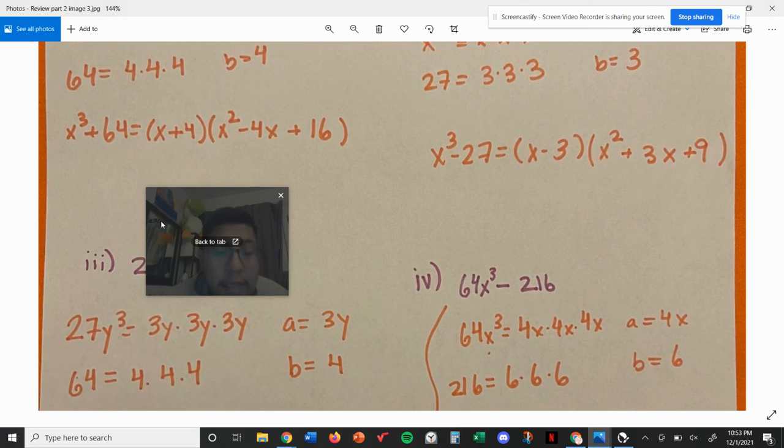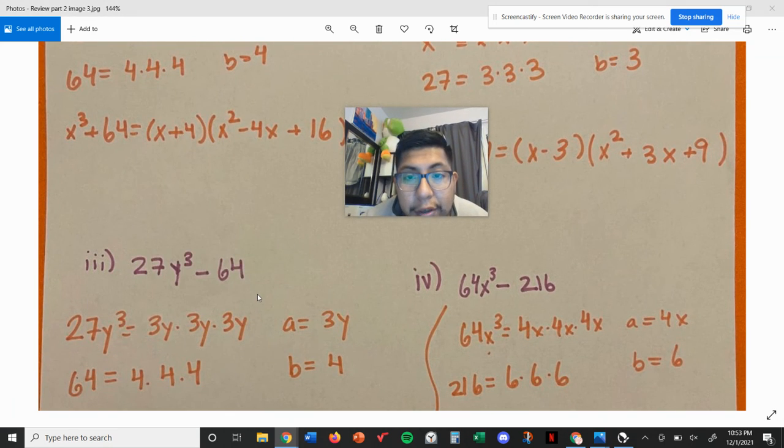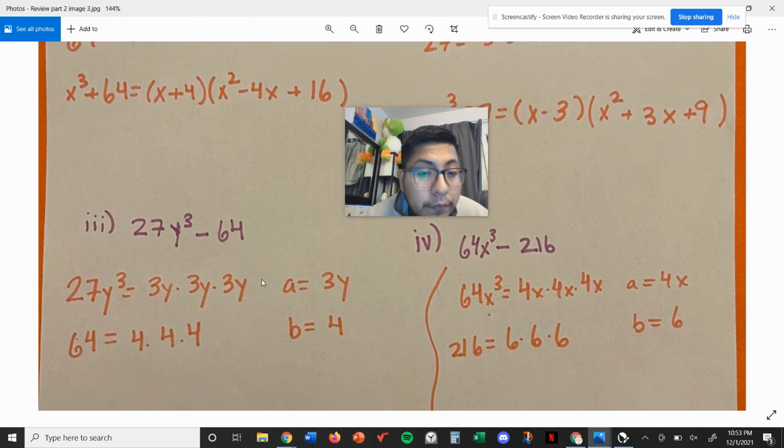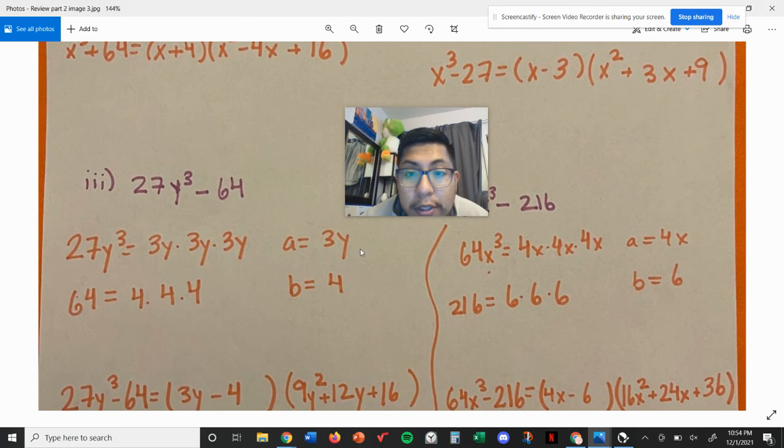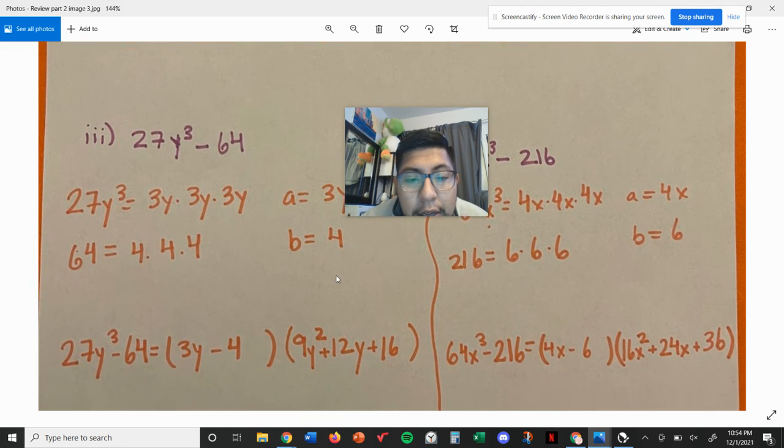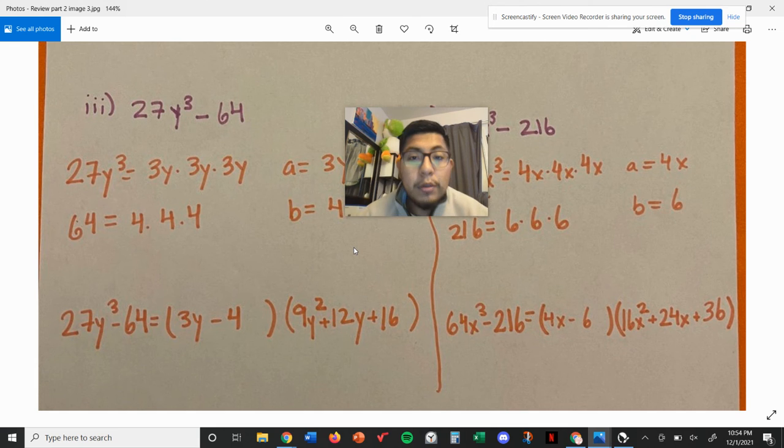Over here, these were a little tricky. I changed them up a little bit. I changed the variable. So here, a was 3y, because 3y times 3y times 3y gives me 27y cubed. Then the 64 you should already know by now because we've been using it a lot. So b was 4. And instead of using x's, I am using y's.